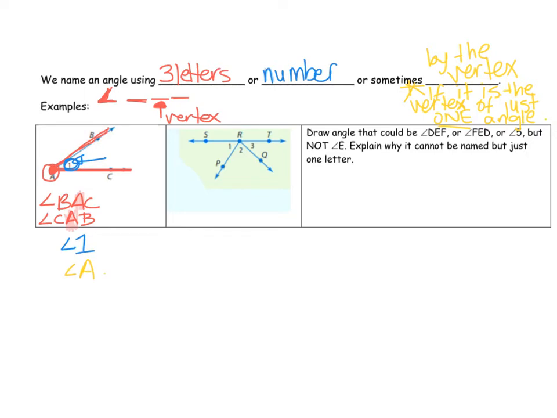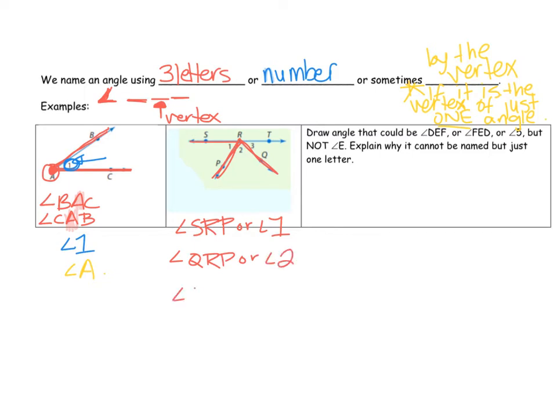In our second example here, I have angle SRP, which can also be called angle 1. I have angle PRQ or QRP, which I could also call angle 2.